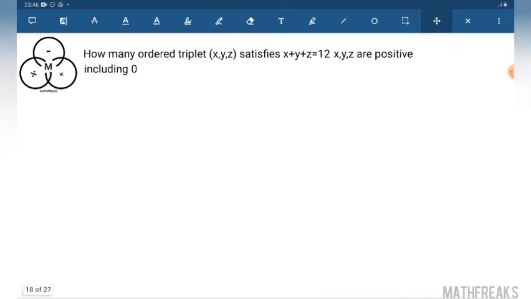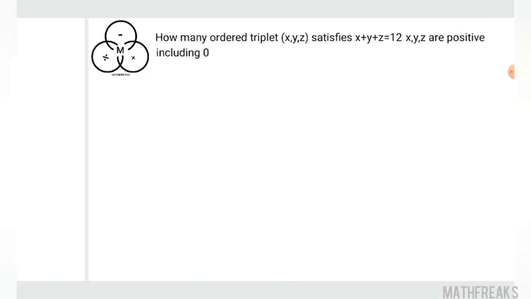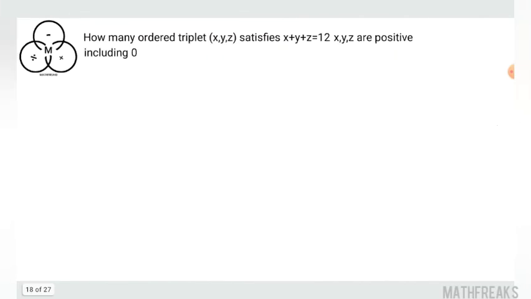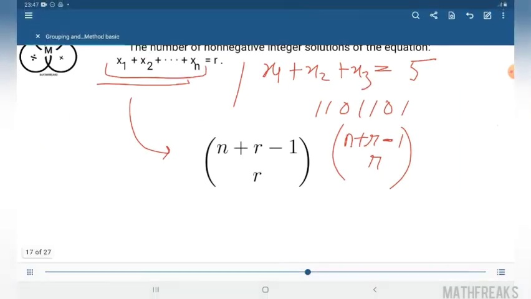How many ordered triplets x, y, z satisfy x plus y plus z equals 12, where x, y, z are positive, including 0? In this formula also, the possibility for 0 has been considered. How?